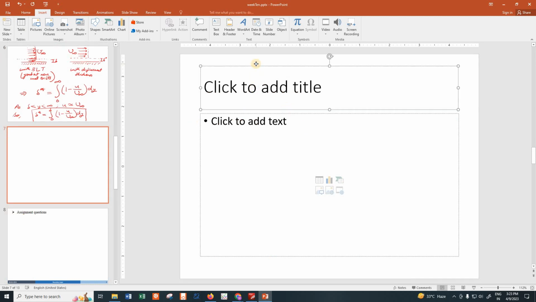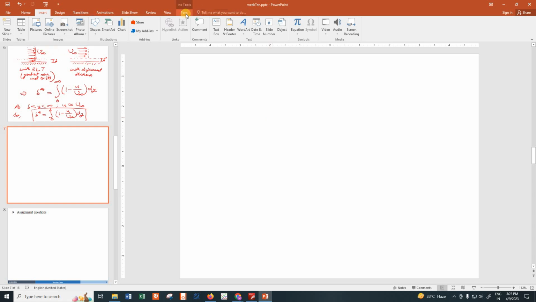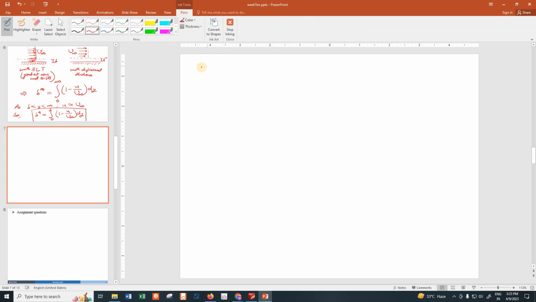Now let us discuss another associated quantity before we go to the assignment questions. Another quantity associated with the boundary layer thickness is the momentum thickness. Now, what is momentum thickness?